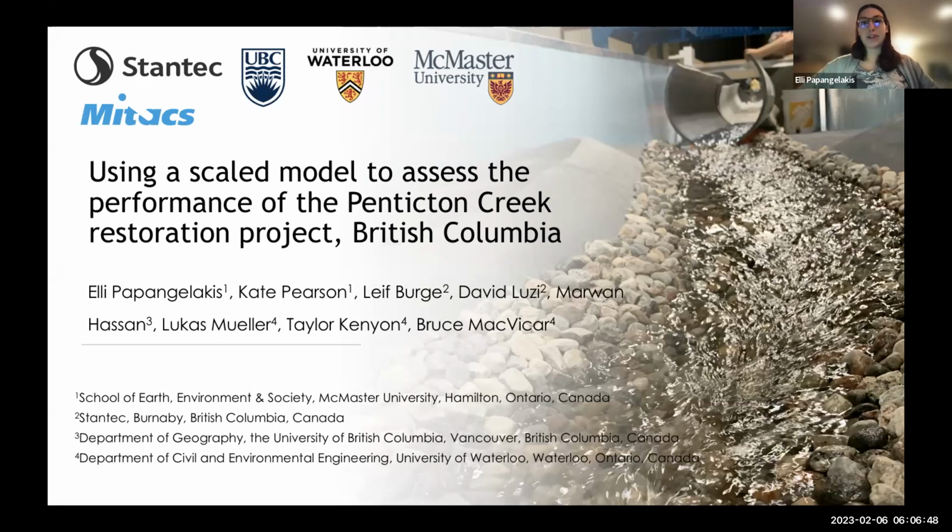It's also in collaboration with a team at Stantec that's in British Columbia, and it's funded through a program called MyTax, which here in Canada facilitates projects that link industry and academia, so you can get funding to do joint projects together.